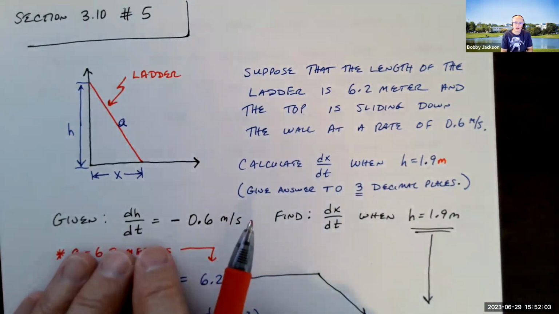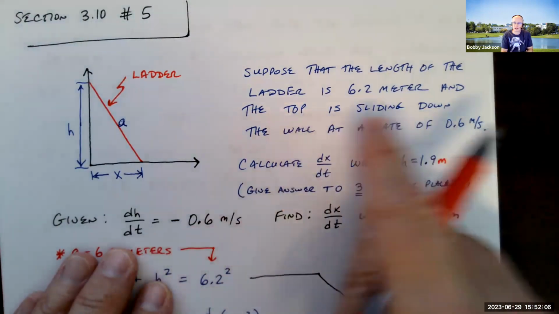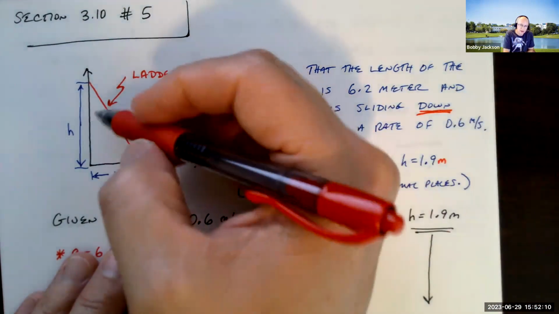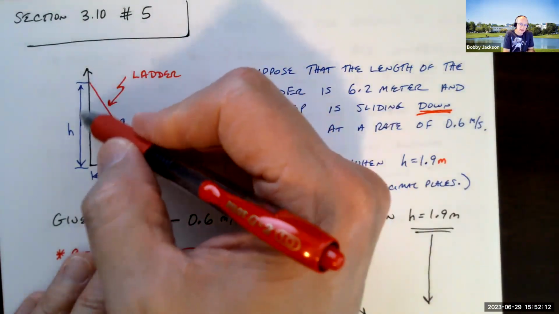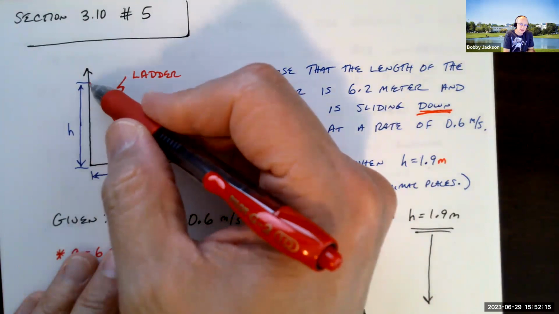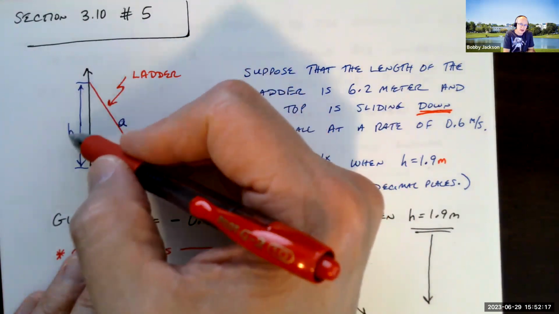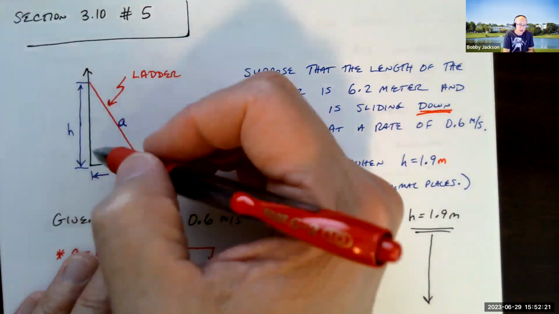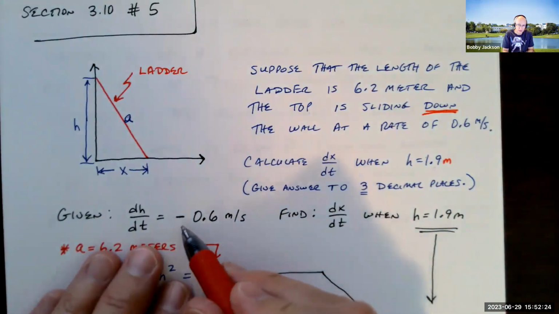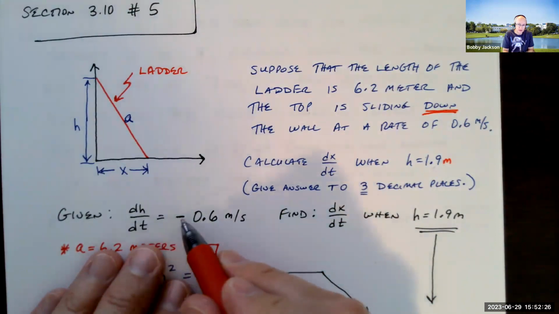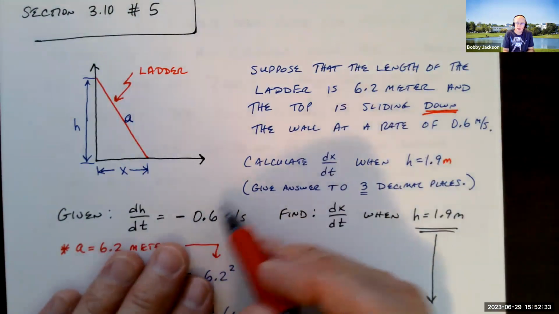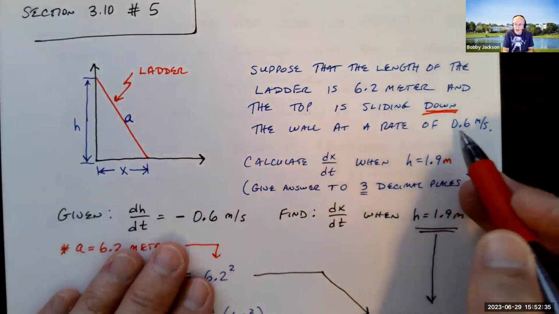Okay, so what rate of change are we given? We're told that the top of the ladder is sliding down. The down is not so much important as the fact that h is that height. As the top of the ladder slides down, the value of h is getting smaller. Because it's decreasing, its derivative has to be negative. So dh/dt has to be negative. You have to read the problem very carefully to know that. It's not going to say that the rate sliding down is a negative 0.6.